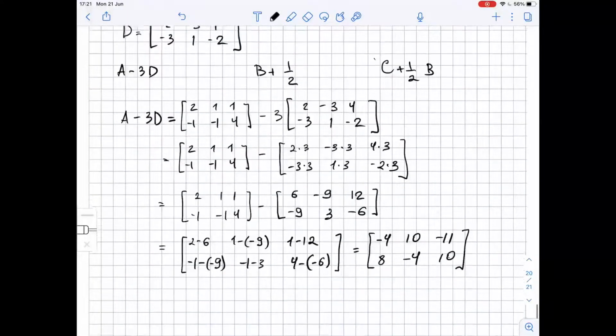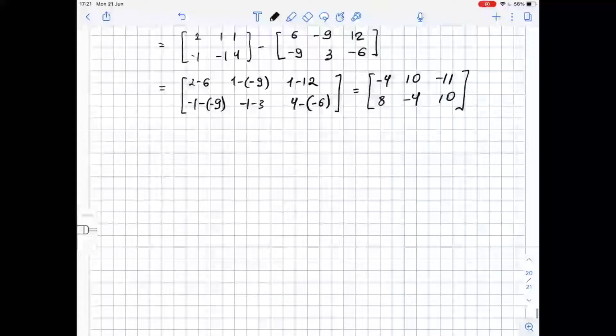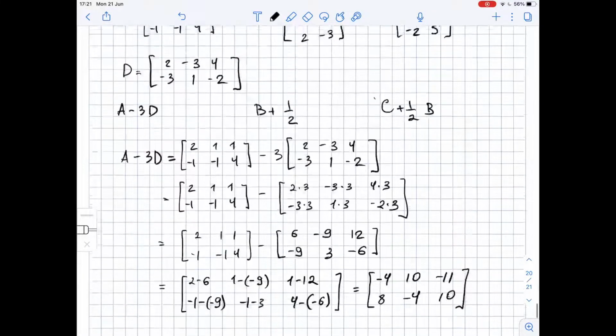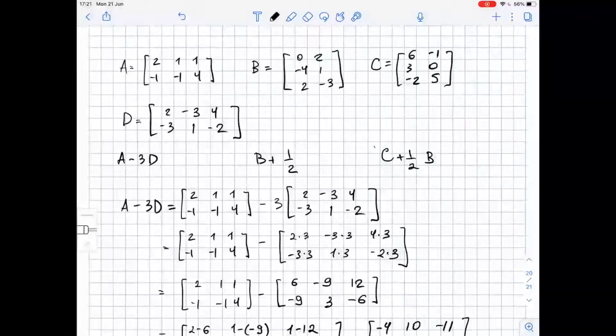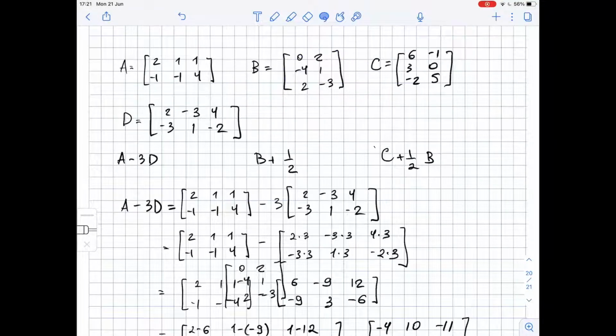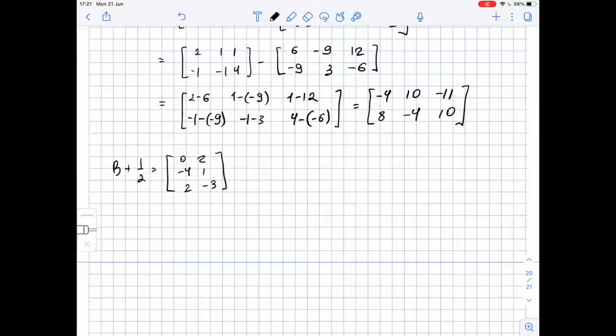Well, our next expression which we need to calculate is B plus 1 over 2. So B is a 3 by 2 matrix. I'll copy paste it. B is a 3 by 2 matrix, while 1 over 2 is a scalar. So it's basically a 1 by 1 matrix.